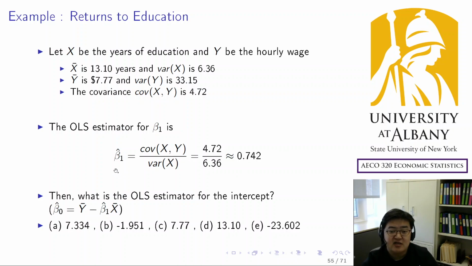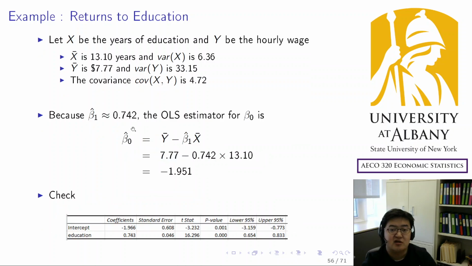And then given this slope, what is the intercept? The formula is given again here. Calculate the intercept. Of course, you use these numbers. You need the average of education and the average of hourly wage. Average hourly wage is 7.77, and x bar is 13.1, and multiply by the calculated slope.